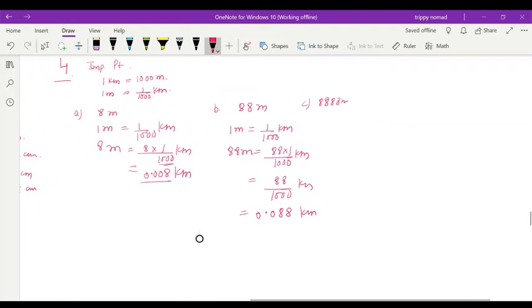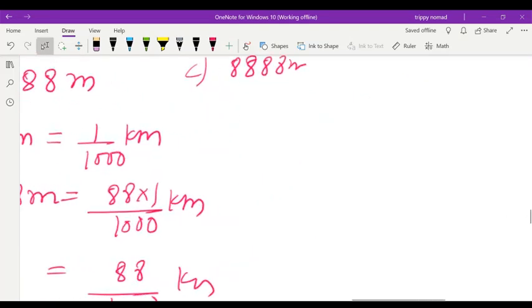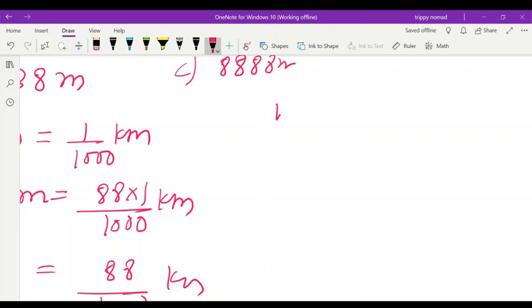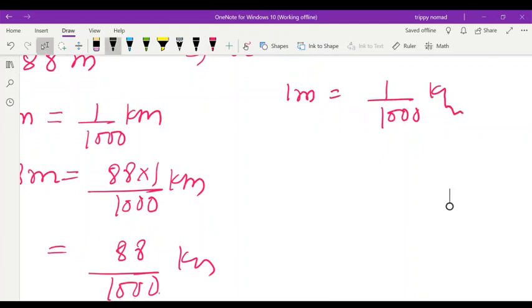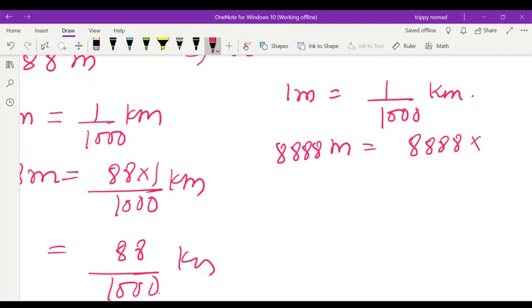And in short, I am explaining you the C part, children. 1 meter is equal to 1 upon 1000 kilometer. And 8888 meter is equal to 8888 into 1 upon 1000.